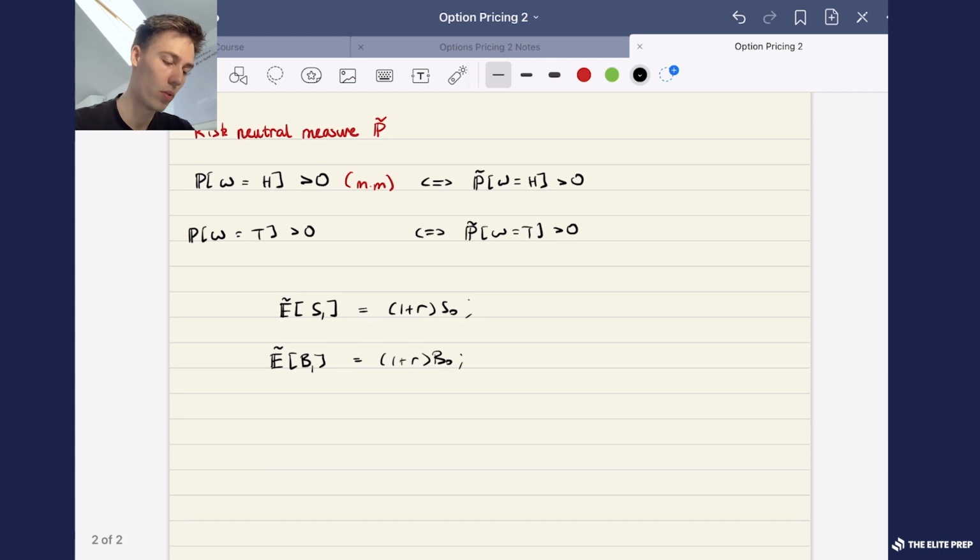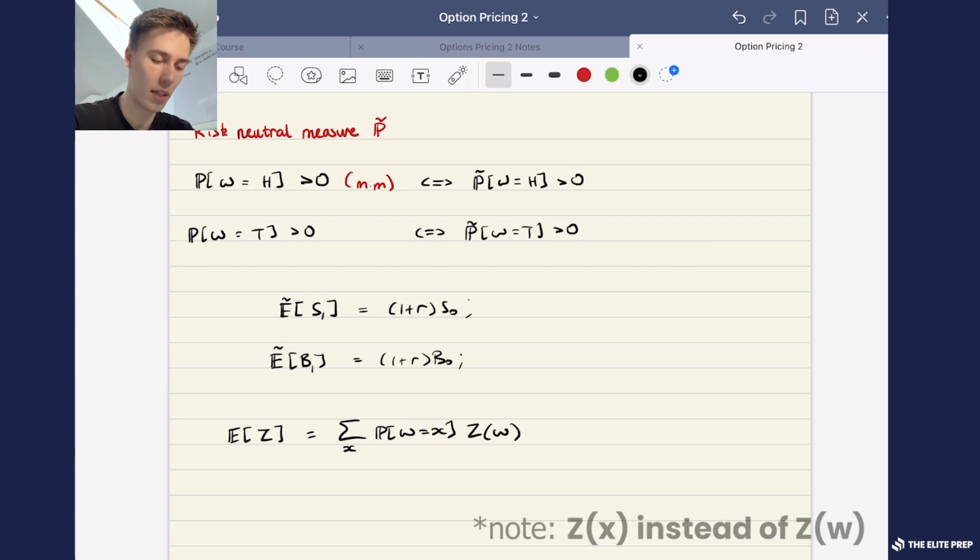Just to recall, the expected value on a discrete probability space, so if we have some random variable Z, is just equal to the sum over all possible values x in our probability space of the probability that omega is equal to x, times Z of omega.